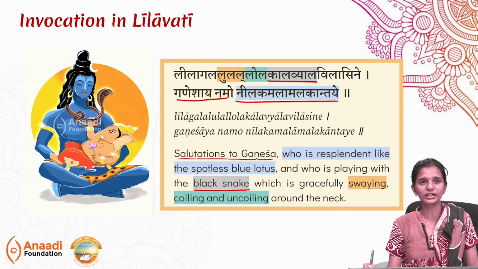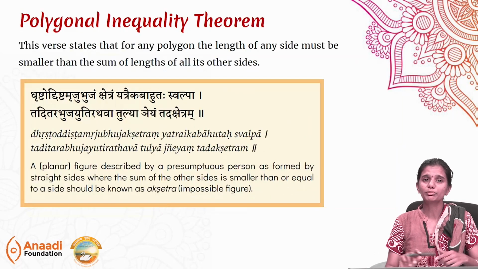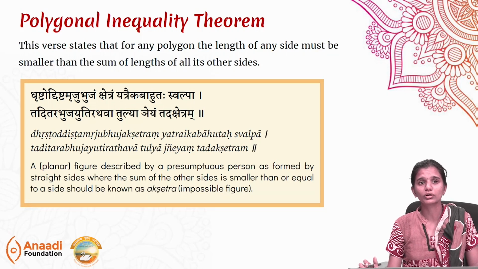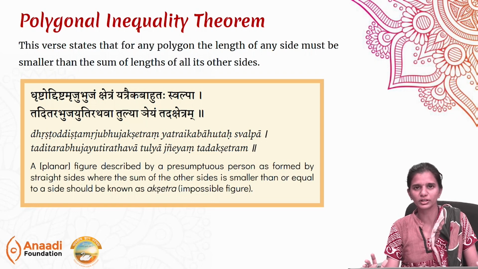Now, let us look at a verse where Bhaskaracharya brings the polygonal inequality principle. What is a polygon? In geometry, a bounded region where 3 or more line segments form a closed space is called a polygon.